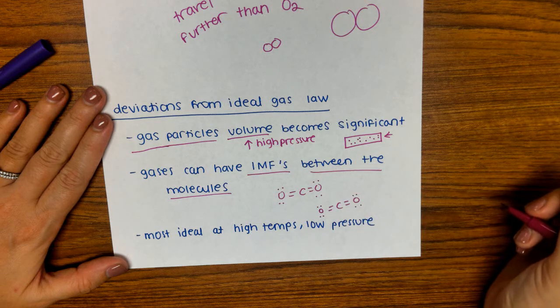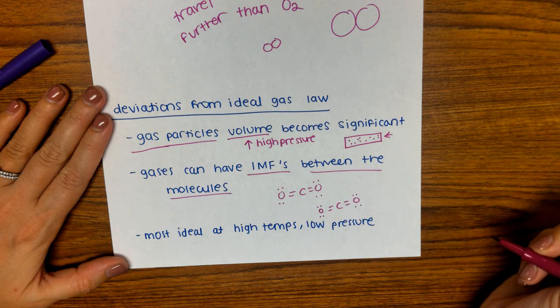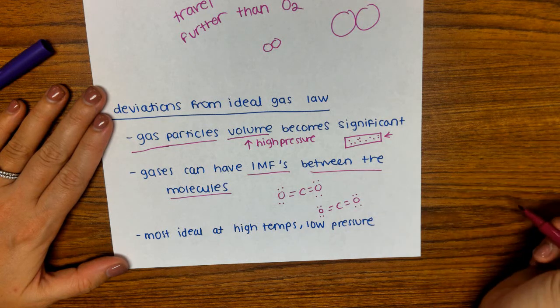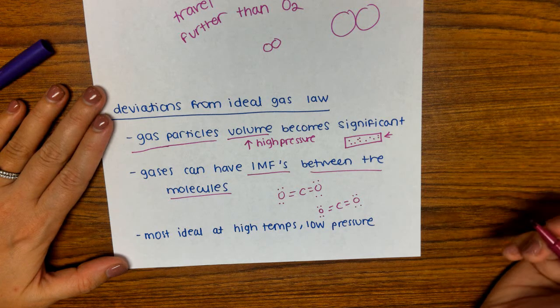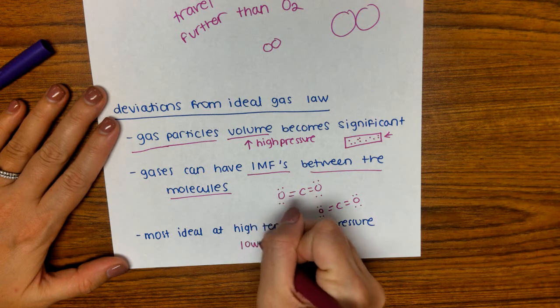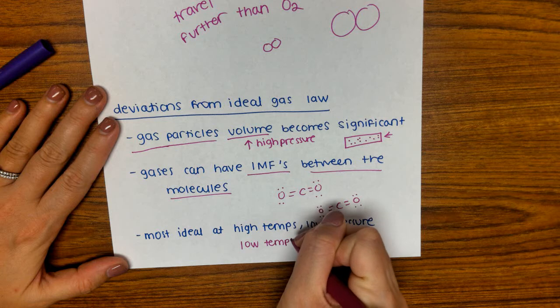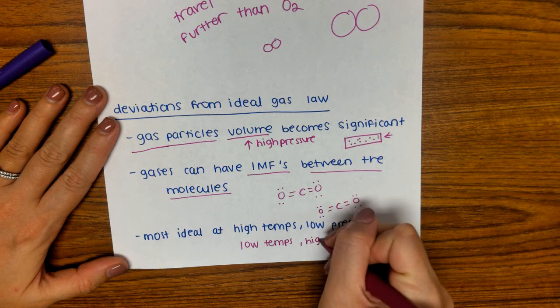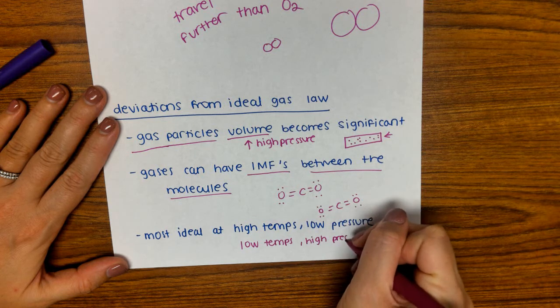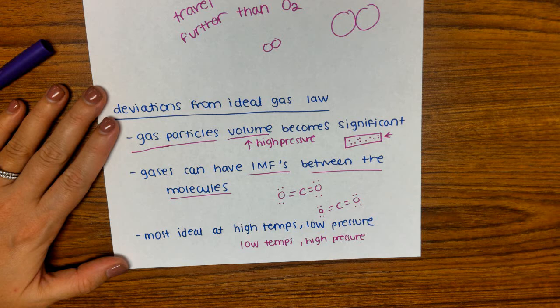In ideal situations, there is no attractive force between these two CO2 molecules. But in nonideal situations, which is low temps and high pressure, they can have London dispersion forces between them. And when that occurs, now they're attracted to one another.